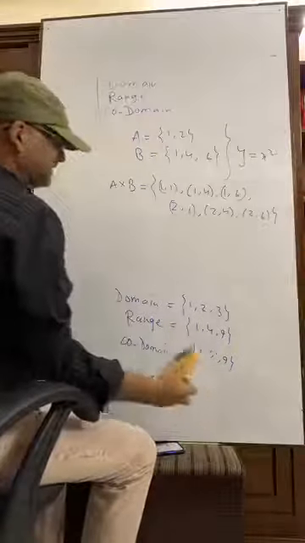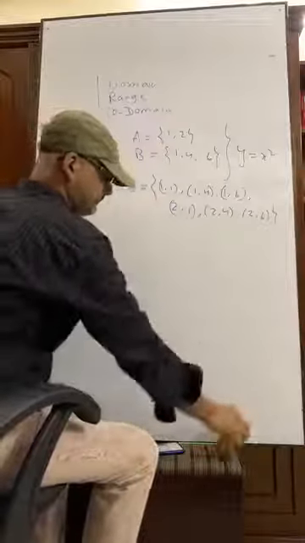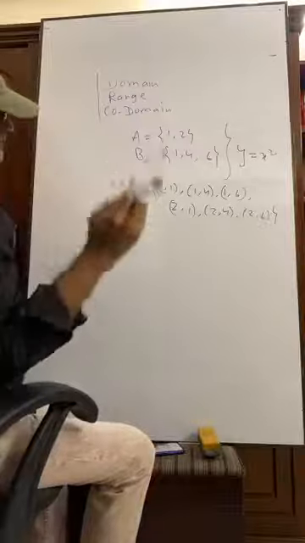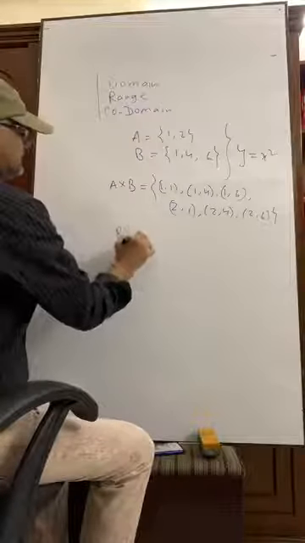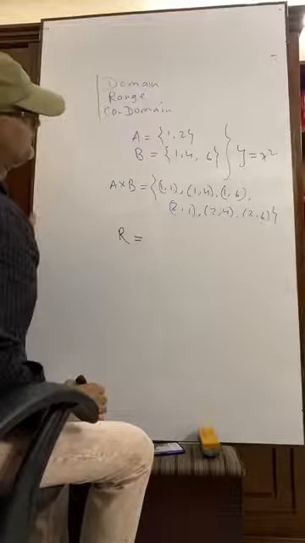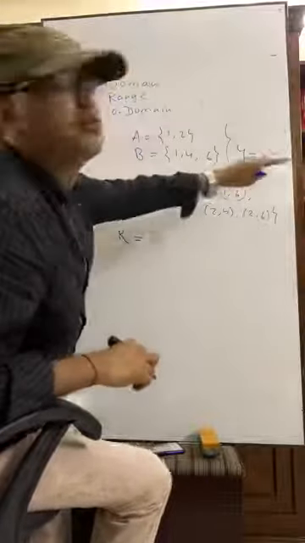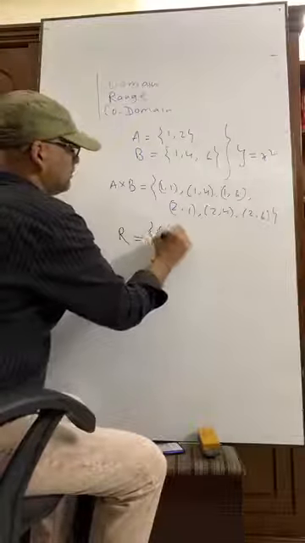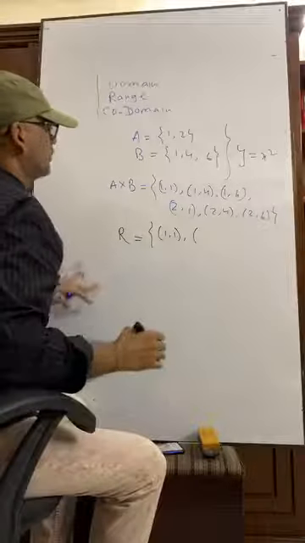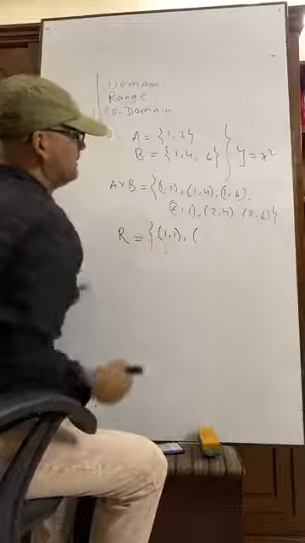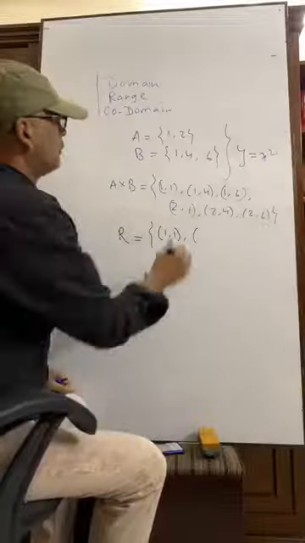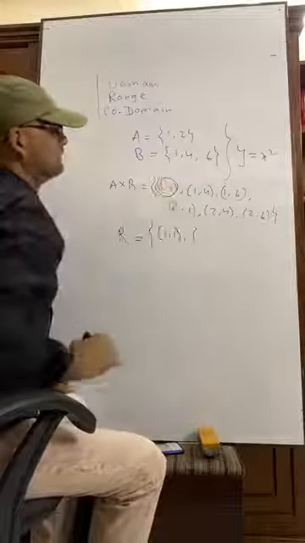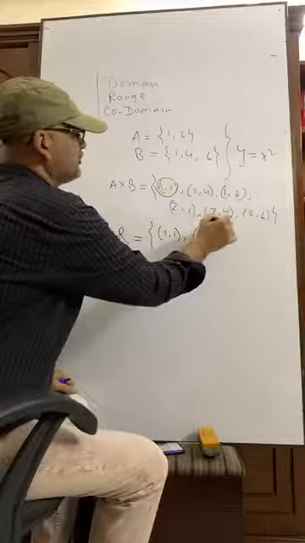But as I told you, what is the relation? Relation R is followed by y equals x square. So (1, 1), okay, and this one only (2, 4).